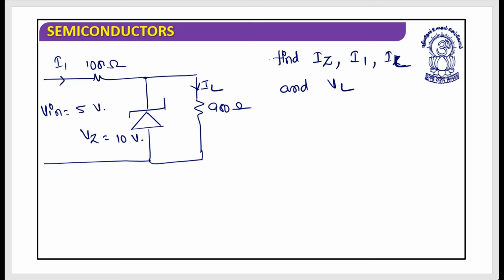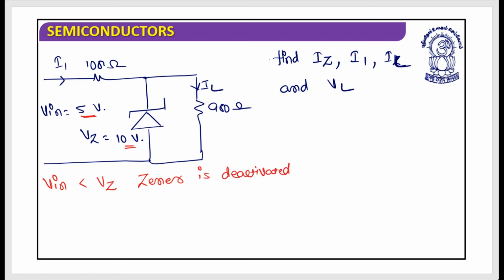So look at the circuit in a very good manner. This is Vin, the input voltage is just 5 volt, and we have connected the Zener, and that Zener voltage is 10 volt. As Vin is less than Vz, the Zener is deactivated.